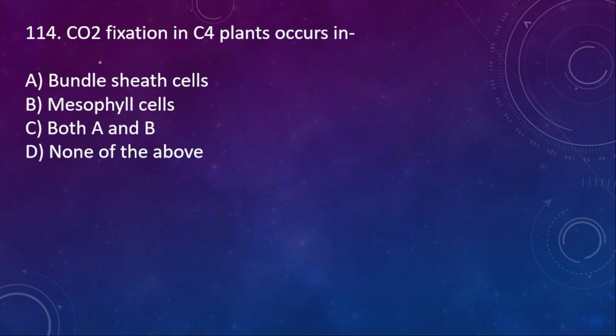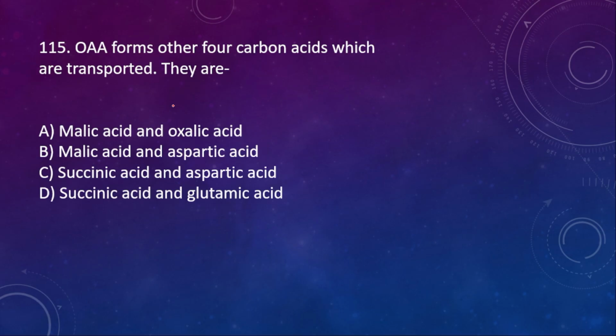And here CO2 fixation in C4 plants occurs. So here the right option is option C, both. Here in bundle sheath for C3 cycle CO2 fixation will be there. In mesophyll for the primary acceptor CO2 fixation will occur.